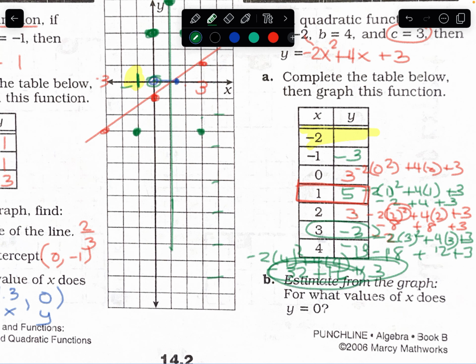Because this right here is -16. Plus 3 is -13. So this is also -13. Right here. So it's 3 away from line of symmetry, so it's right there.